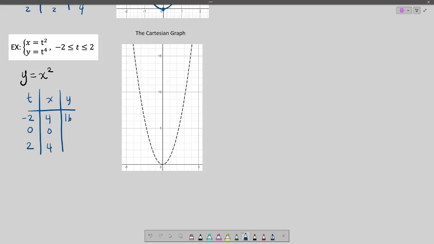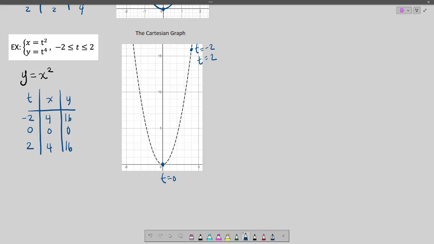So that's going to be 16, 0, 16. So when we plug in t equals -2, we're at 4, 16, which is right here. So that's t equals -2. And then t equals 0 is down here. But then t equals 2 is back up at the same place.